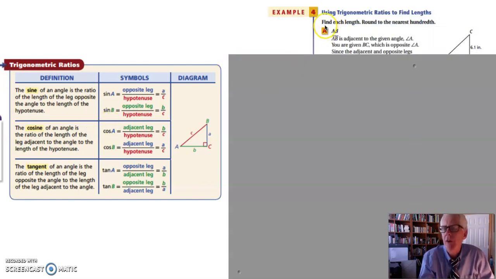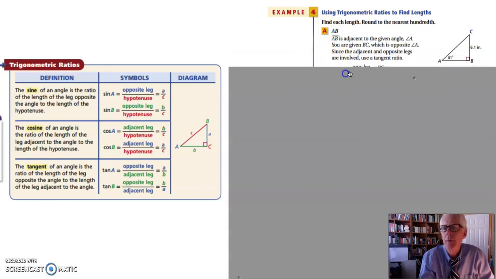So the way we did this, using the ratios to find the missing legs: here's a triangle, and we know that angle A is 41 degrees. We know that one side is 6.1, but we don't know the other two sides. We want to find side AB. The hypotenuse is the longer one.